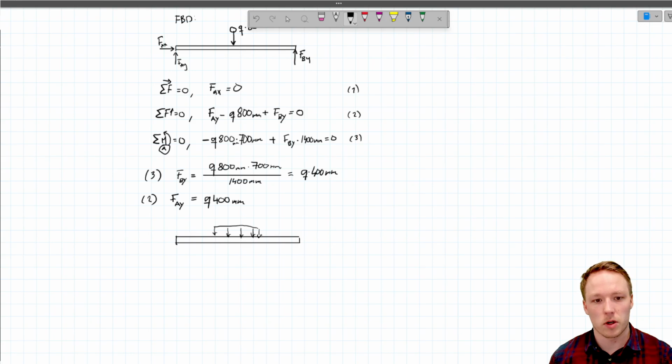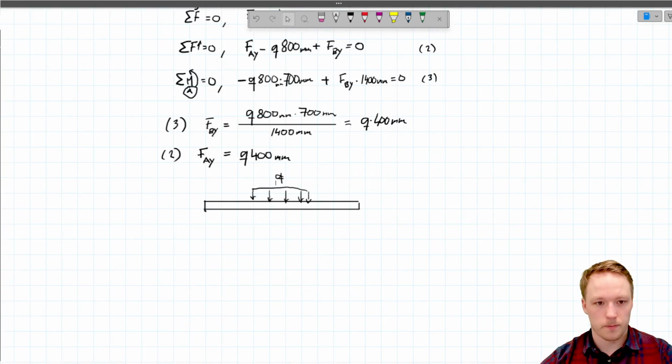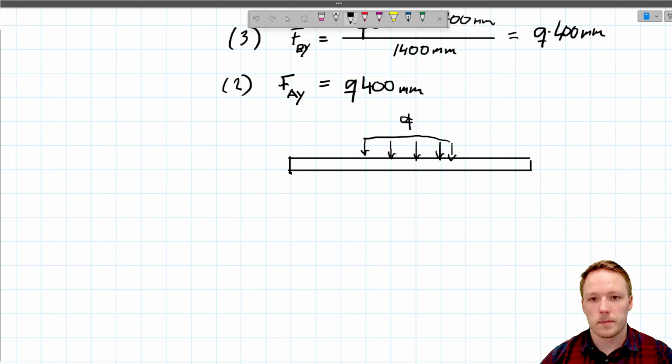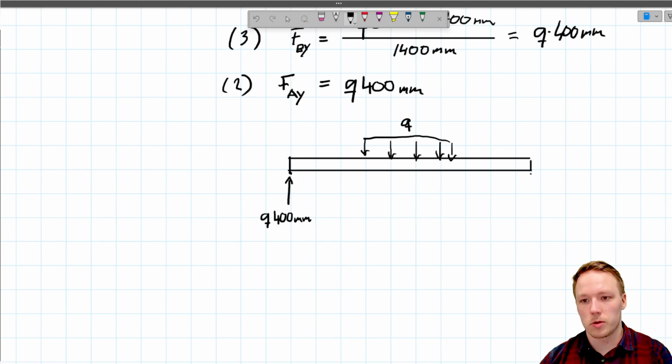So we have distributed loading here. This is our Q, like that one. In here we have force Q times 400. And here we also have force Q times 400, like that.